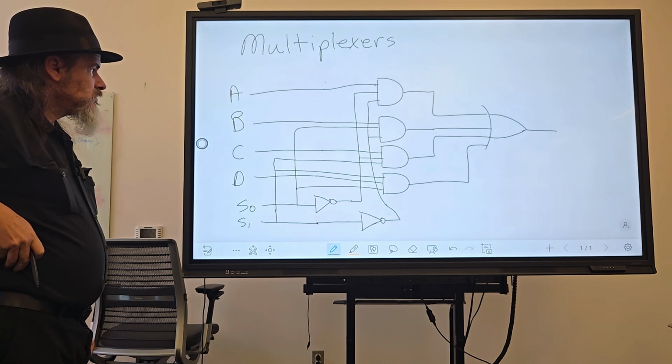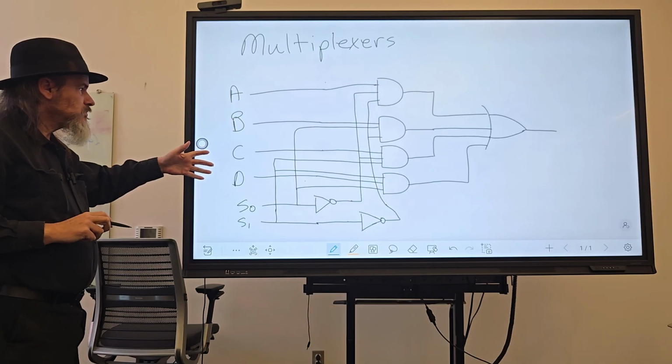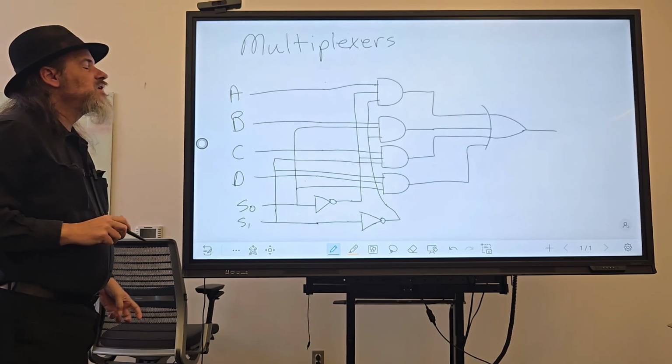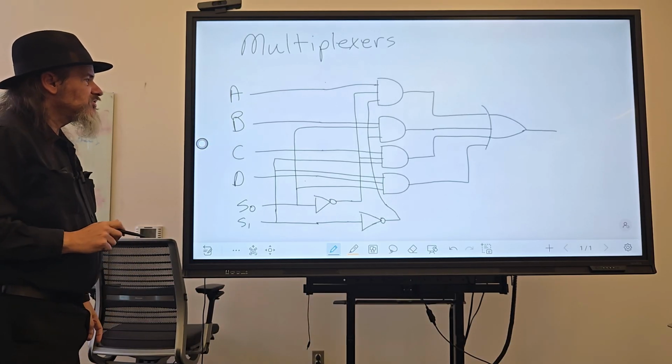When you have multiple options of what data you want to pass through, you use a multiplexer such as this.